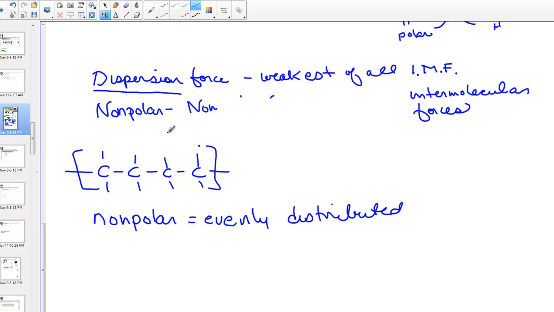When this molecule becomes in close enough contact to another molecule, they may speak to each other for a moment in time. So what we start to see is the hydrogens here, if they become close enough together, they're going to start interacting. And hydrogens, of course, would have similar charge. So you're going to start to see just a temporary induction of charge in which the electrons start moving away from each other.